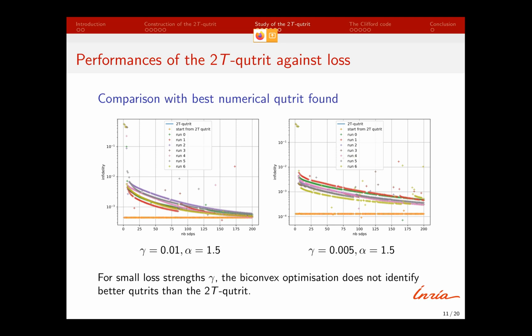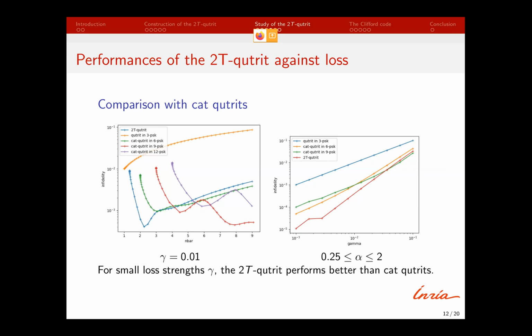Since it's some sort of multi-mode cat code, we also wanted to compare it with a single mode cat code. And again, we found that for a small loss parameter, the 2T-qutrit performs better than the cat qutrit. But only when the loss parameter is small.